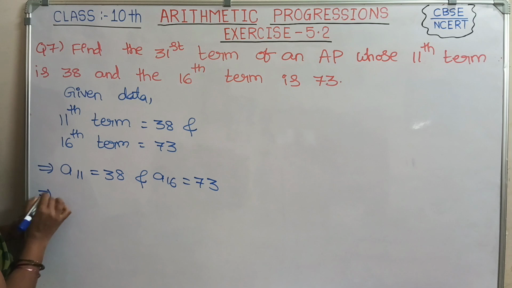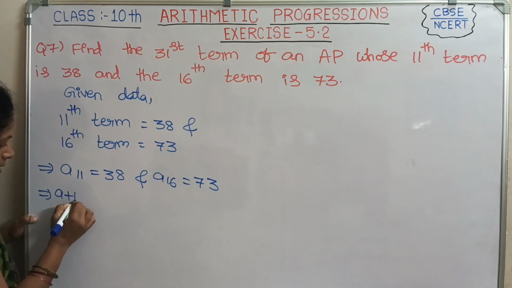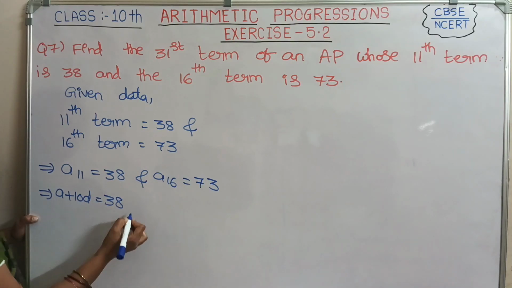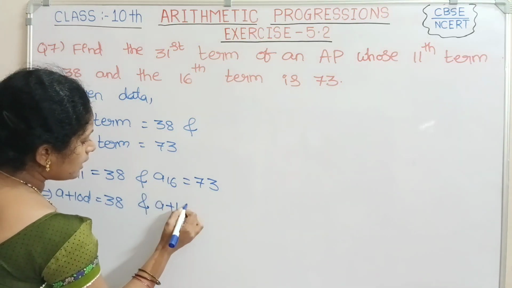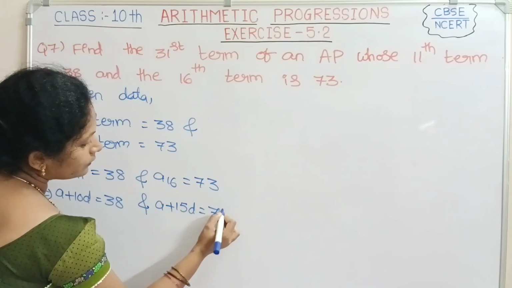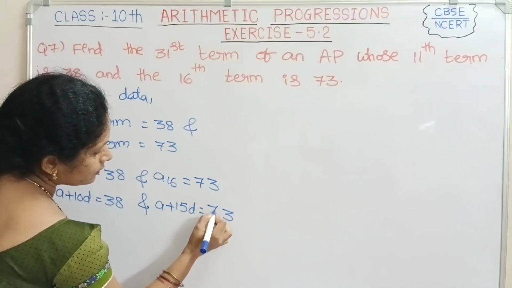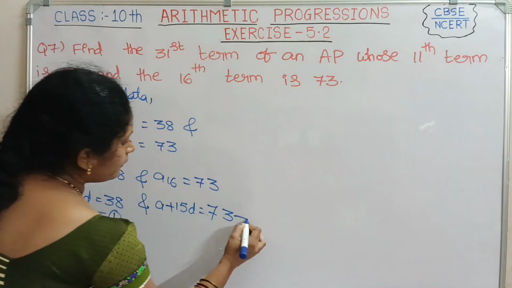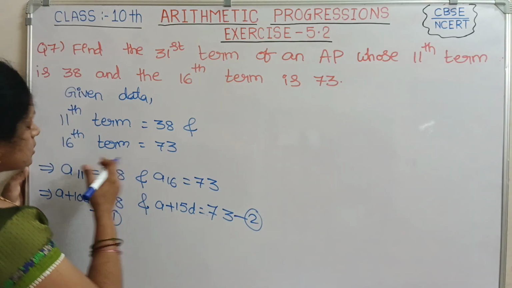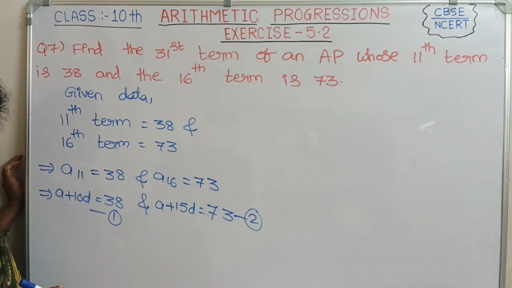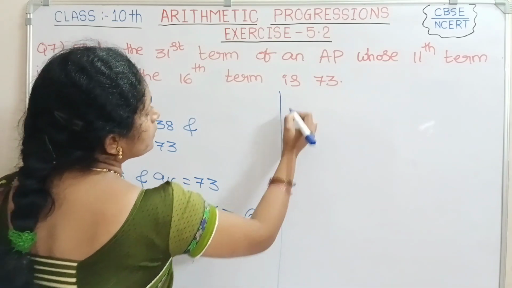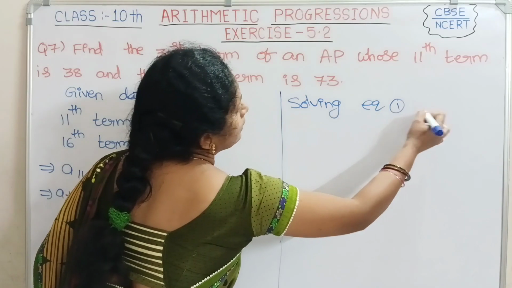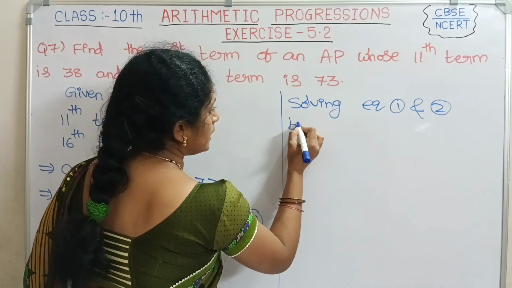From this we know A11 is A plus 10 into D is equal to 38 and A16 will be A plus 15D is equal to 73. We will call this equation number 1 and this equation number 2. Solving equation number 1 and 2 by using the elimination method.